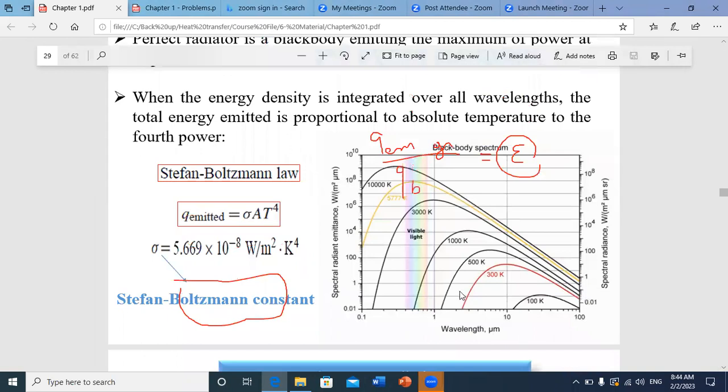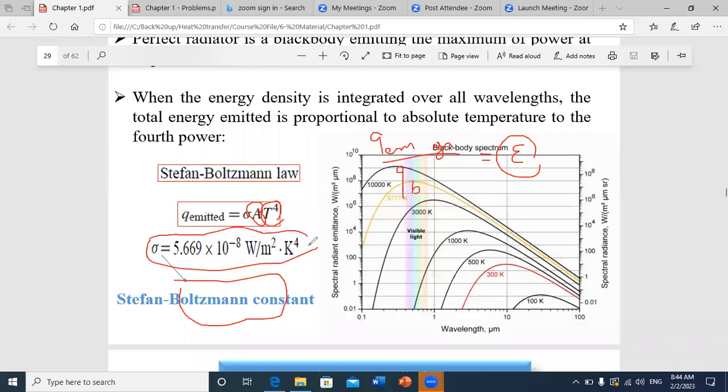If you consider all possible wavelengths and you integrate, summing all possible emissions, you come up with a total emitted flux of sigma times A times the temperature of the surface to the power 4. Here, A is the area. As expected, the larger the area, the larger the emission. The larger the temperature of the surface, the larger the radiated flux. Now, the Boltzmann constant, sigma, is a constant that we obtained when we did the integral procedure, and its value will be given to you, of course.